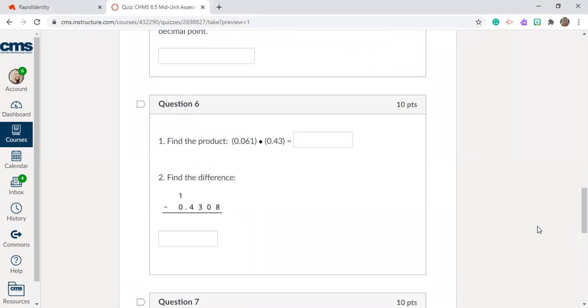Question number 6. Find the product of 61 thousandths times 43 hundredths. Pause and do the work in your notebook. Remember the rule for multiplying with decimals.